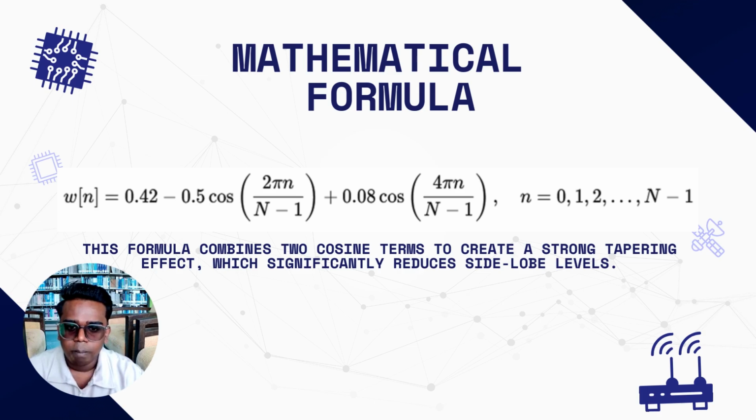The formula combines two cosine terms to create a strong tapering effect, which significantly reduces the side lobe levels.